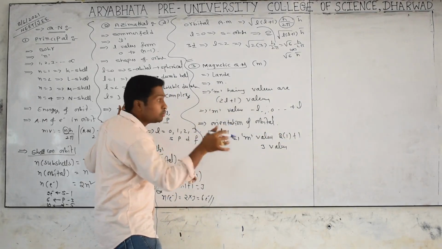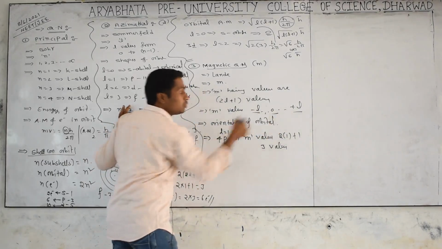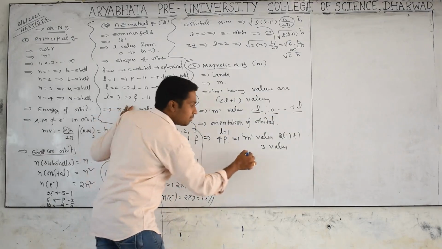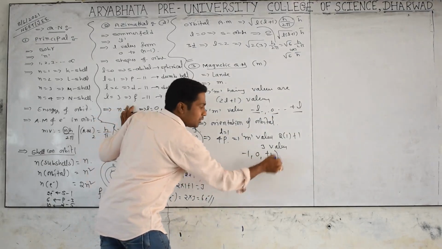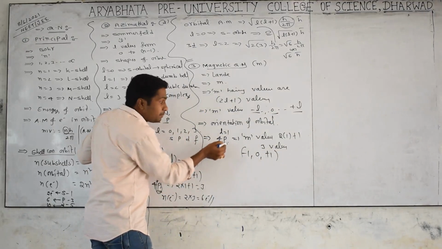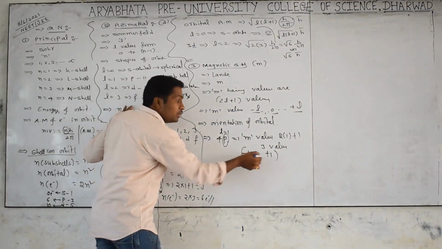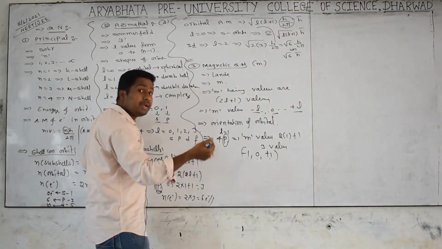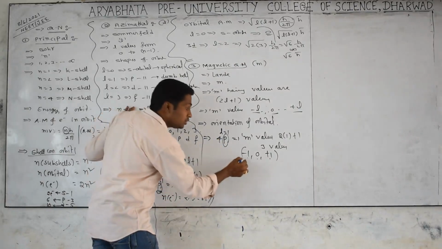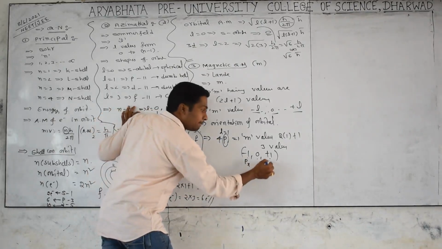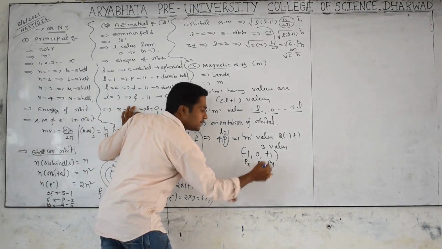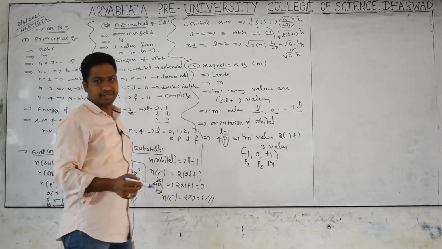What are the 3 values? Minus l to plus l including 0: minus 1, 0, plus 1. Yes, so the p orbital has 3 different orientations. 3 different values mean 3 different orientations, which we write as px, py, and for 0 generally pz.